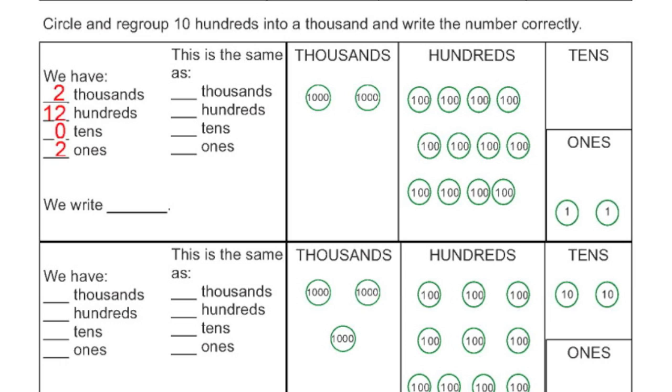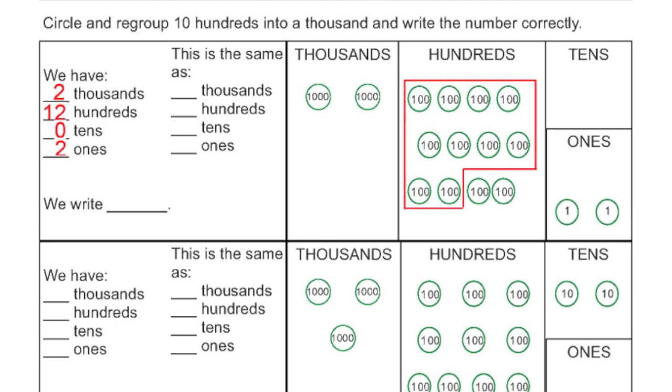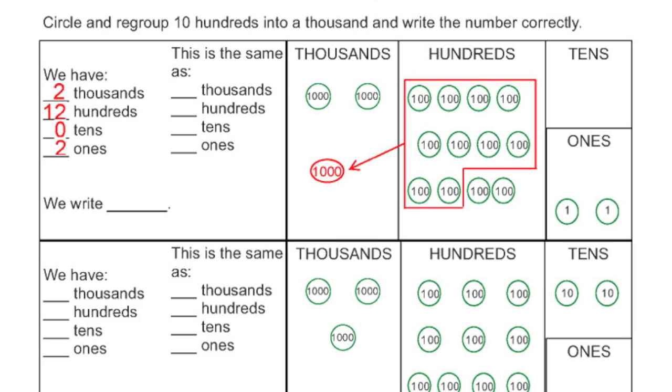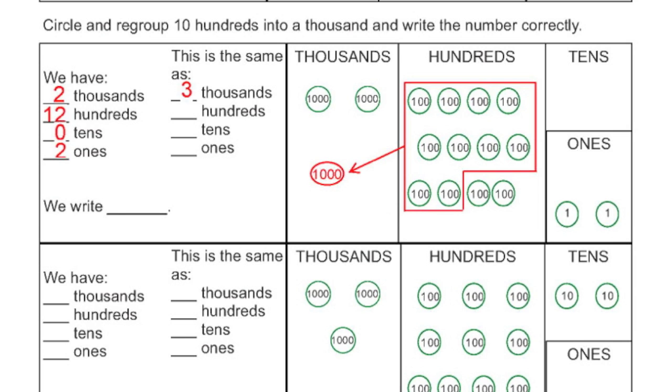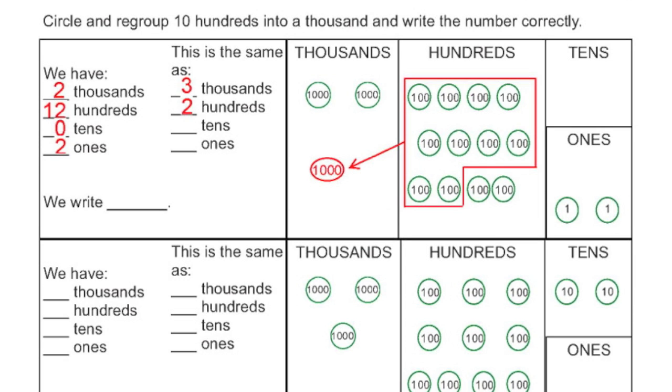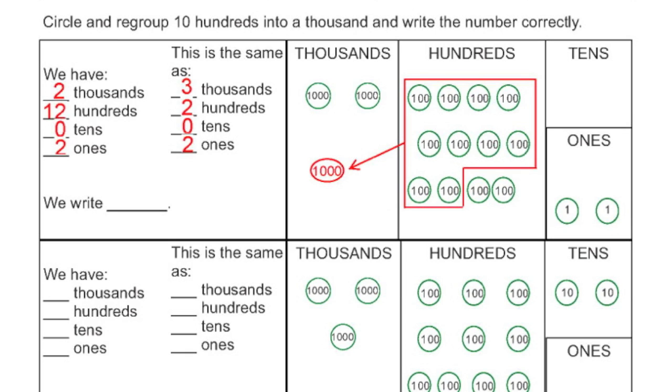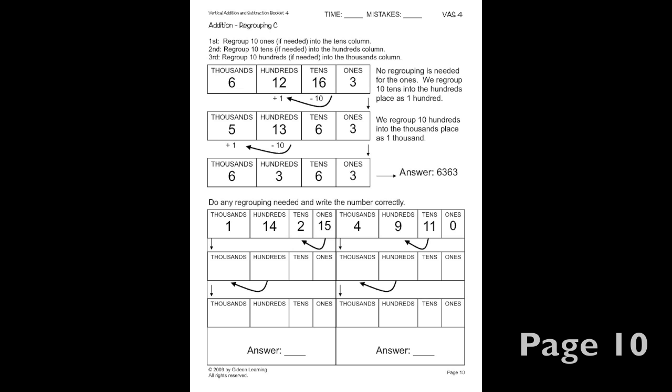So I'm going to box 10 of those up again, and move 1,000 into the thousands column. So now if I total them up, I have 3 thousands, 2 hundreds left over, 0 tens, and 2 ones. So my final answer is going to be 3,202.